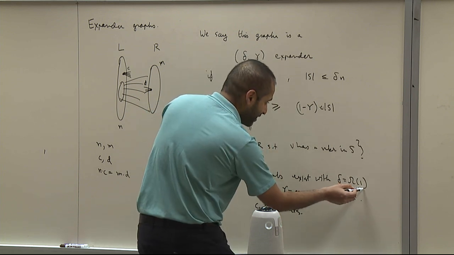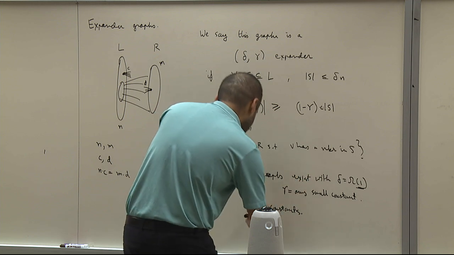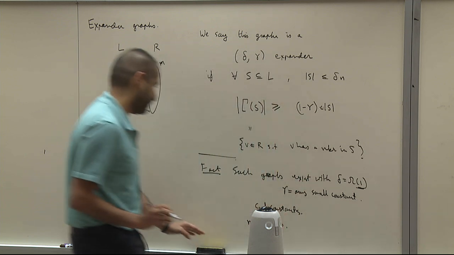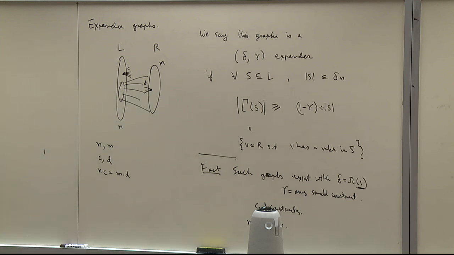Right, this omega 1 will depend on the C and D, and n and m going to infinity. In this asymptotic setting, these graphs exist. So this is the fact that we will use.